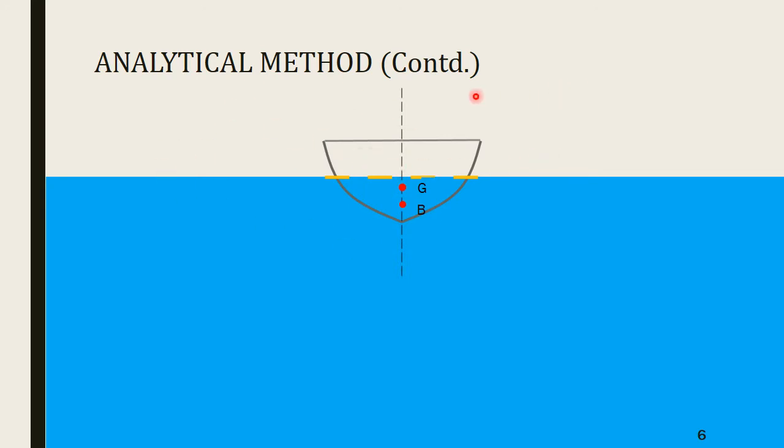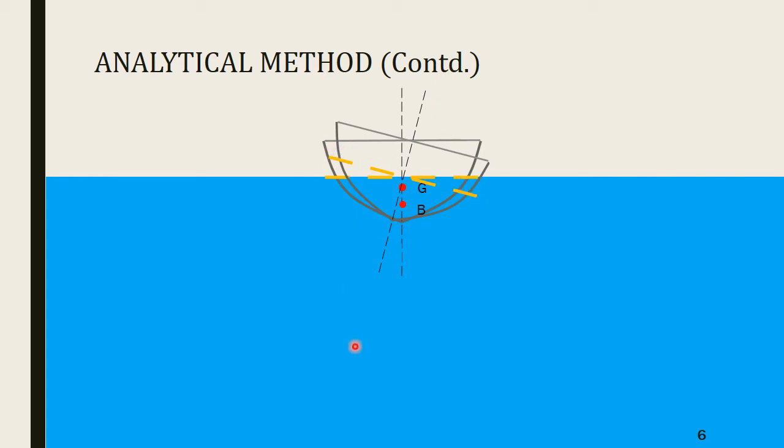Now we are going to give it a small angular displacement. Only when we give it a small angular displacement will we be able to notice the metacenter. So once the angular displacement has been given, we can notice the changes here. The yellow line, which was initially on the water line, has now got tilted.